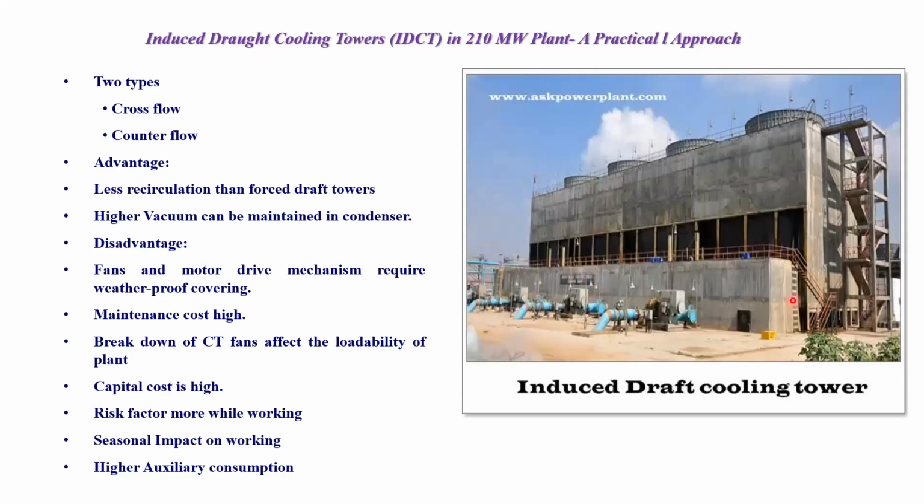Here at the bottom is the cooling pond, you can see. Every time we have to clean it, because most dust and scale sludge is accumulated in the cooling tower, which again affects the performance of the cooling towers. That water then goes back to the condenser with the help of pumps.